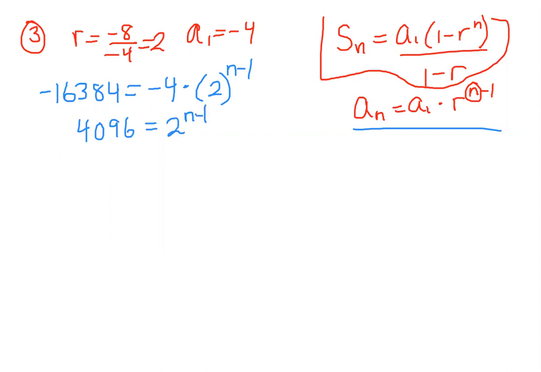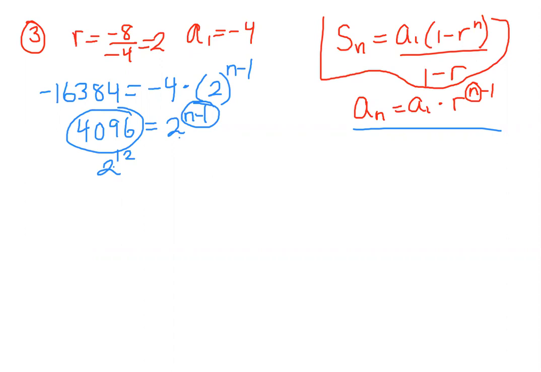And we've got to solve this somehow. Do you know how to solve this? There's a couple things you can do. You can figure out that this is 2 to the 12th and get the bases to be the same. Or you could take the log of both sides. That's how we have solved exponential equations before.